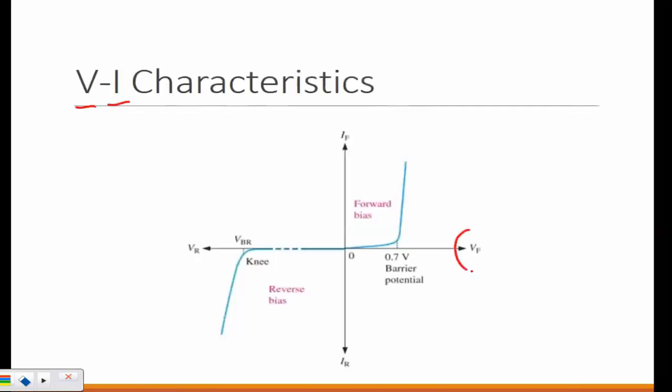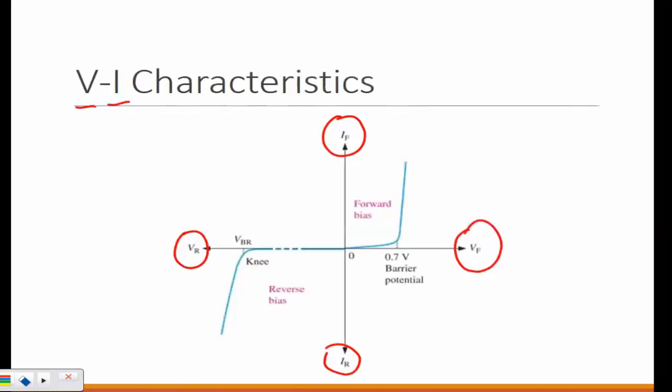Again, forward voltage means this is the voltage across the diode. Forward current is current through the diode. Again, these are not your source voltages. These are primarily on the diode.